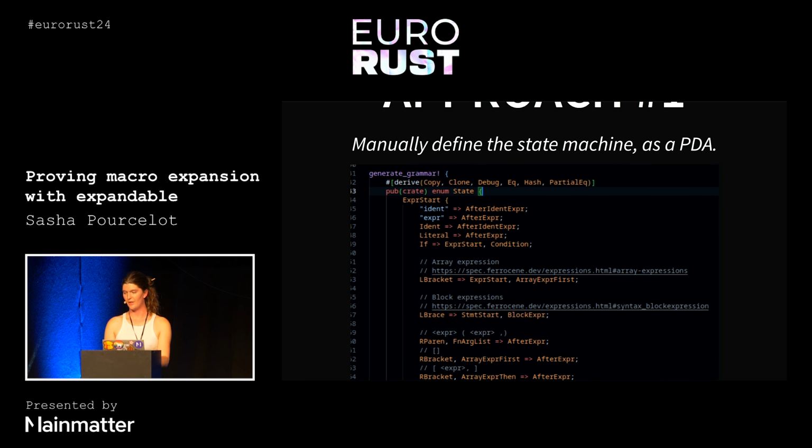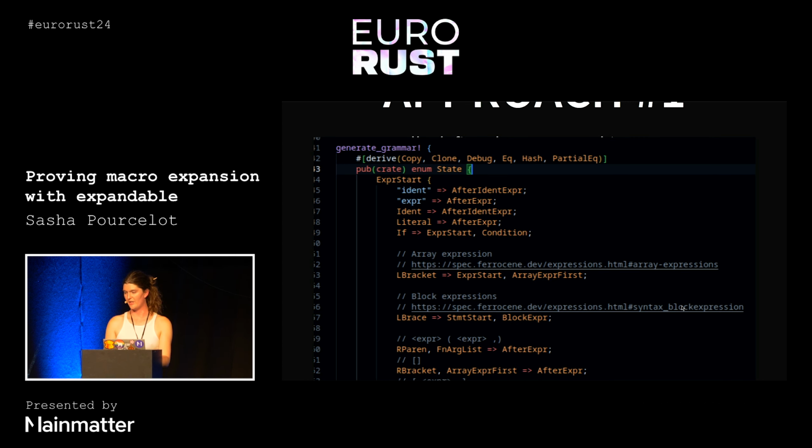My first idea was to manually define this as a push-down automaton. I did this by manually writing every possible state and every possible transition from one state to another. For instance, here there is the expr start state.